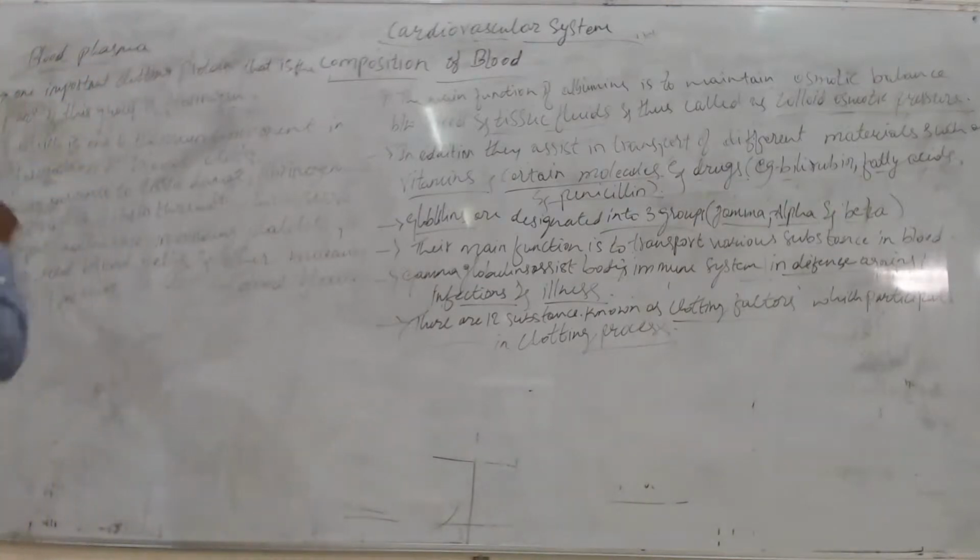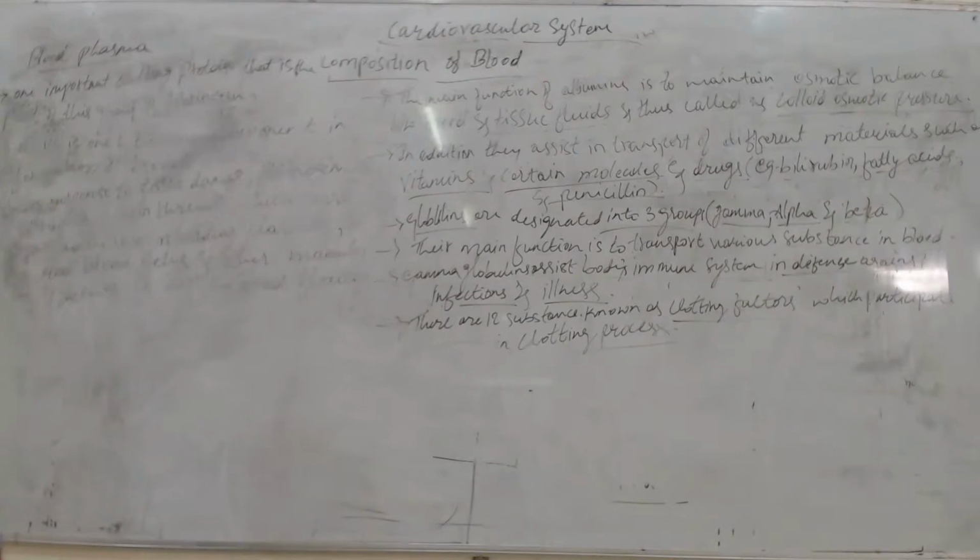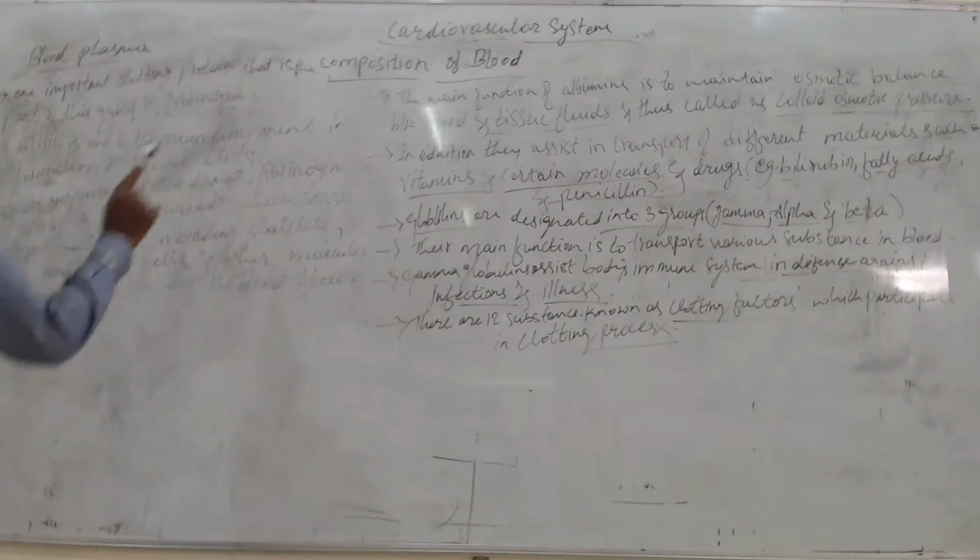One of the important proteins that is part of this group is fibrinogen, one of the main components involved in the formation of blood clots.